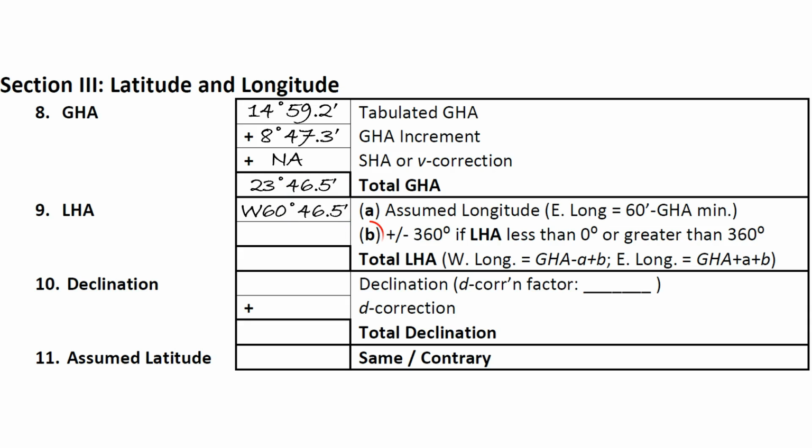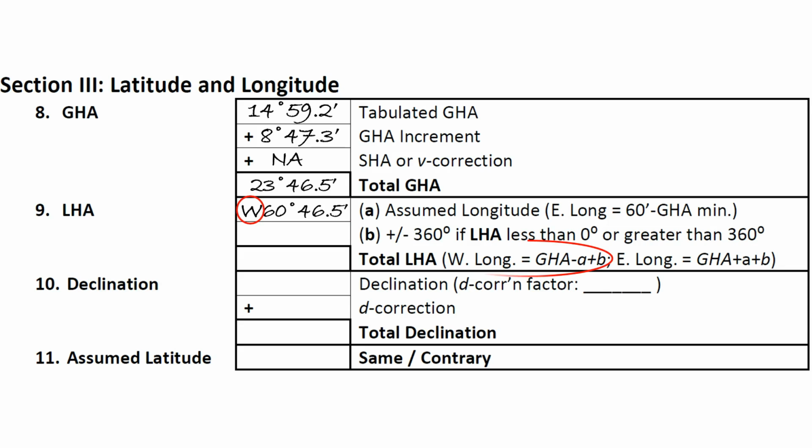For part B, we need to look at the total LHA. If our sum or difference of the GHA and our assumed longitude would have a value less than 0 or more than 360 degrees, then for part B, we need to add or subtract 360 degrees to make certain the total falls in this range. In our example, we're in west longitude, denoted by W in our assumed longitude.